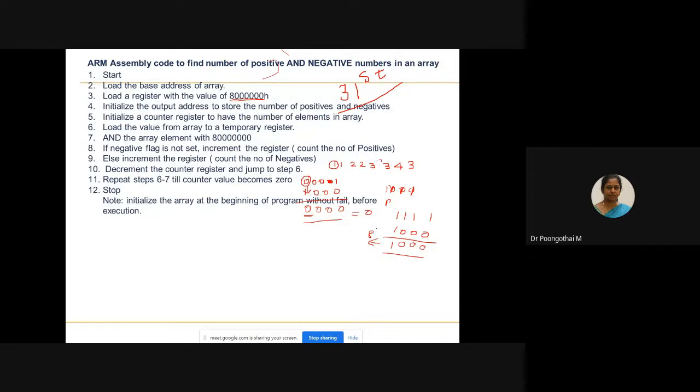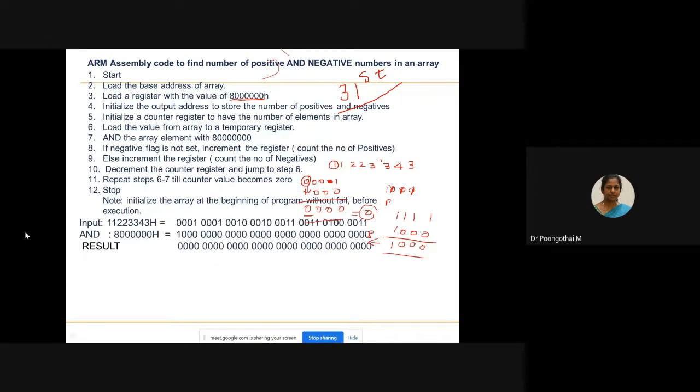So if the result is not equal to 0, that number is a negative number. If the result is 0, that number is a positive number. So the logic here is, let's take this number 1 1 2 2 3 3 4 3. Write it in binary. I am going to add this value with your input. Write it in binary.